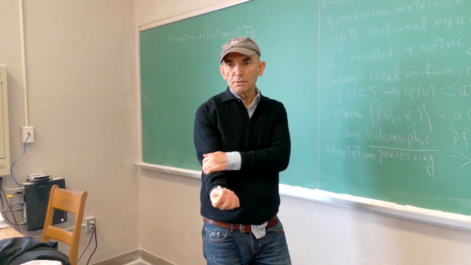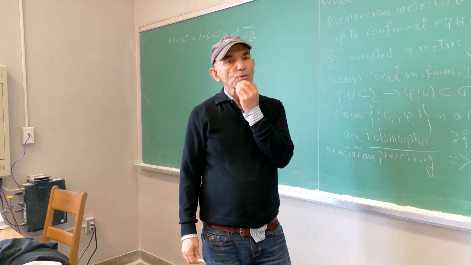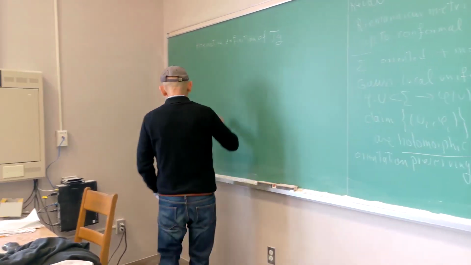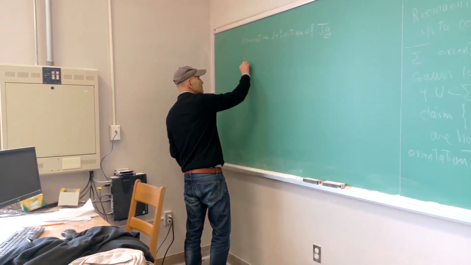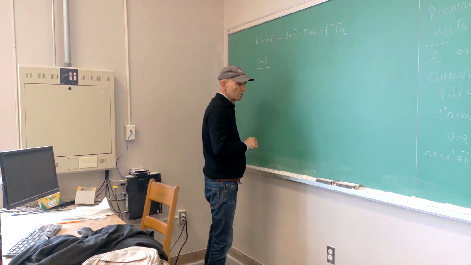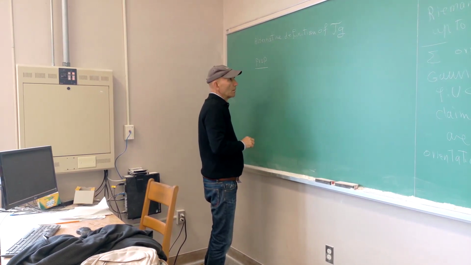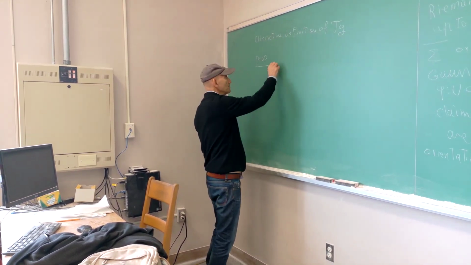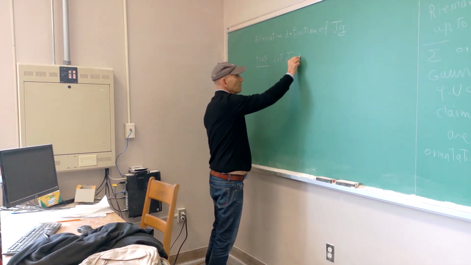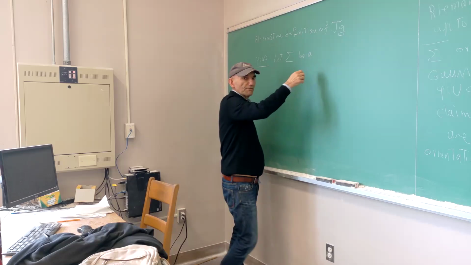For this, I need to prove something using the uniformization theorem. So the proposition is the following. Let sigma be a Riemann surface.